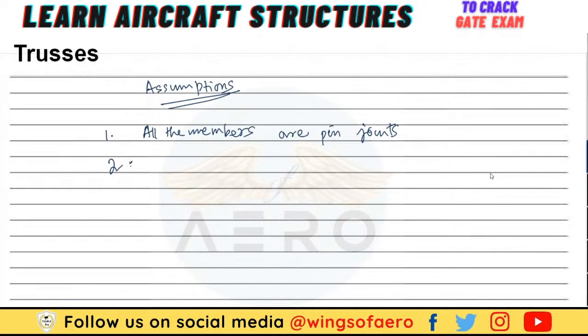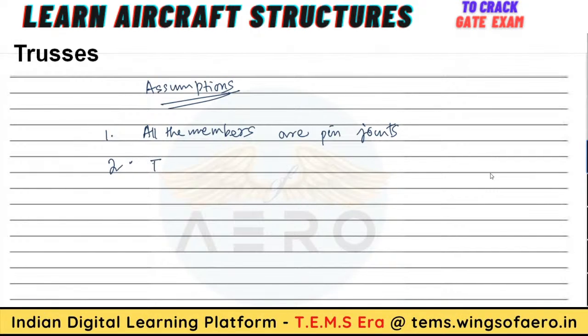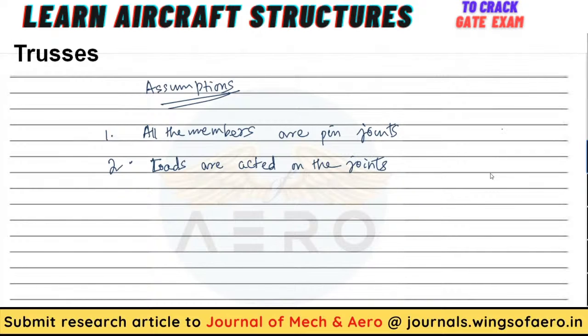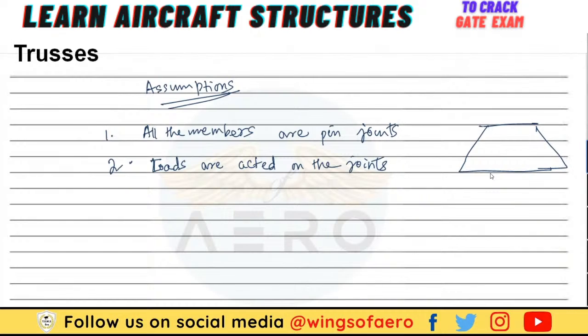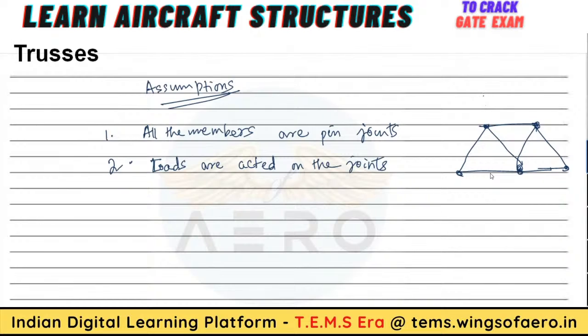Second one is whatever loads are acted only on the joints. Suppose you have one kind of truss like this, and they are jointed over here. This is one joint, this is one joint, so the load will act over here.